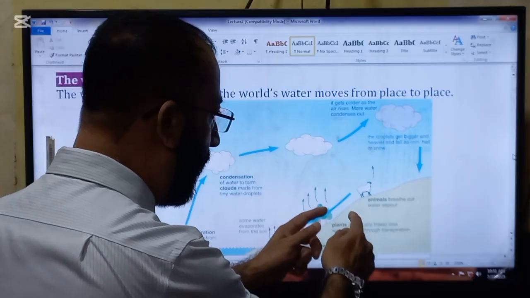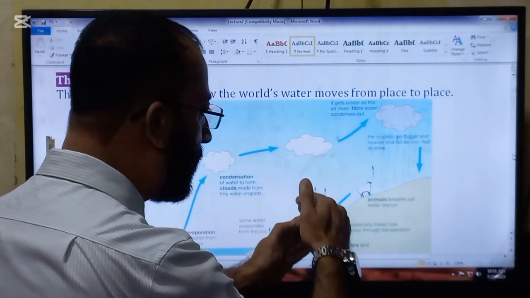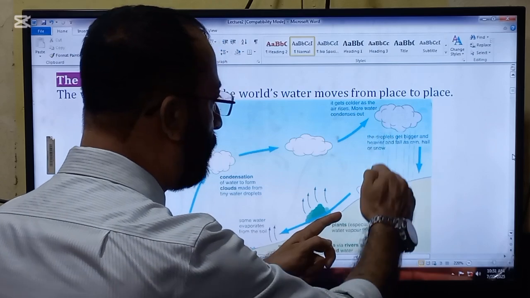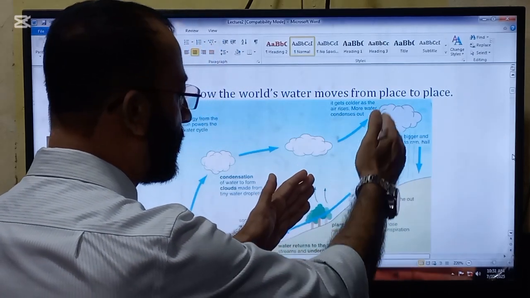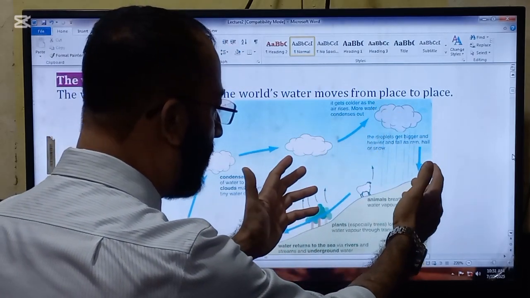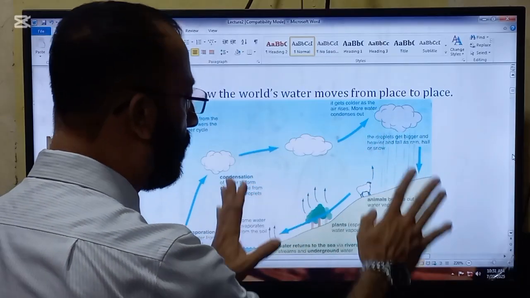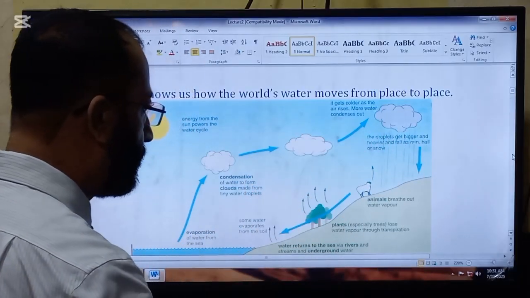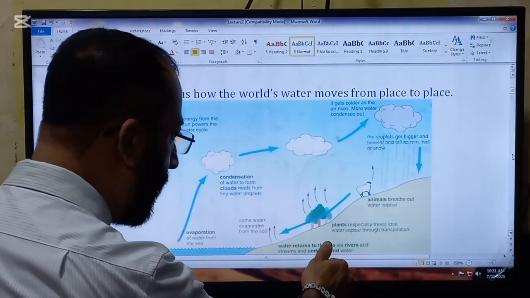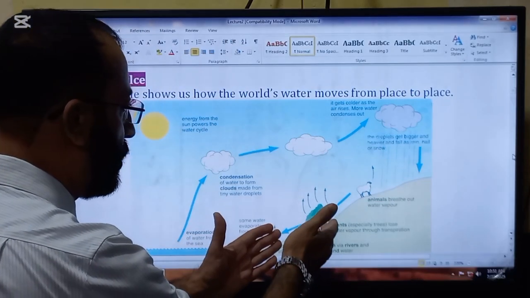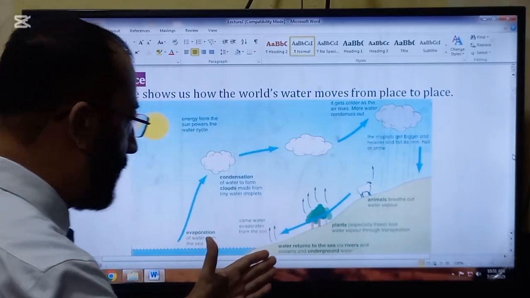When living creatures exhale, animals breathe out water vapor. Again it condenses, and big droplets come back to the earth in the form of rain, hail, and snow. Plants, especially trees, lose water vapor through transpiration, which goes back into the atmosphere again.